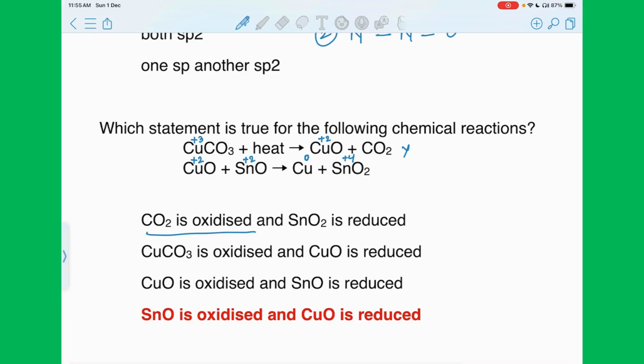We see that for SnO, it is going from +2 oxidation state to +4 oxidation state, which is oxidation. And for CuO, which is from +2 oxidation state getting to elemental form 0, is the reduction. So the correct option is option number 4.